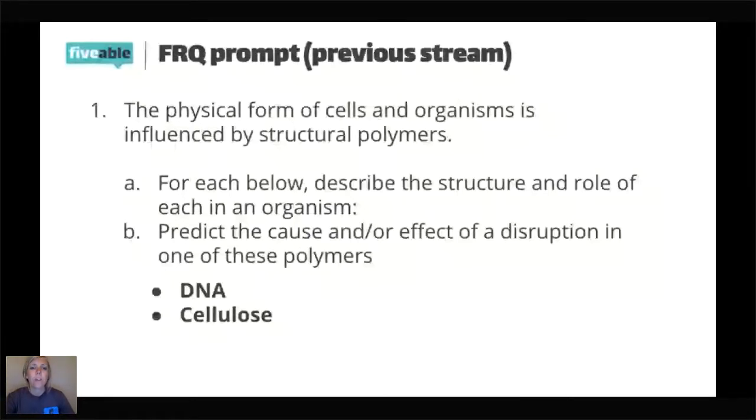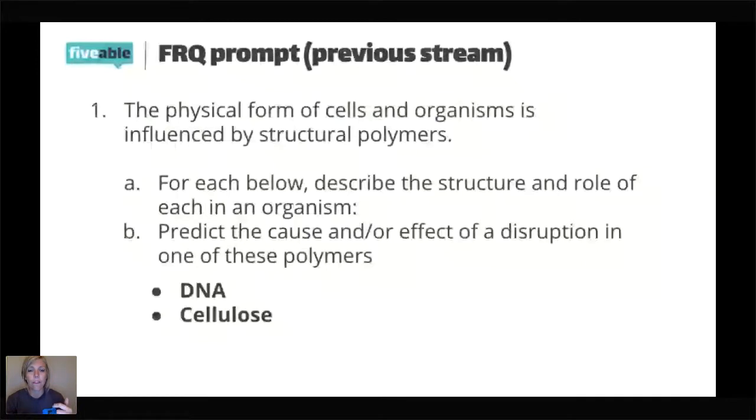So the free response prompt says, the physical form of cells and organisms is influenced by structural polymers. Part A, for each below, describe the structure and role of each in an organism. And B, predict the cause and or effect of a disruption in one of these polymers. So the two things it's wanting you to look at are DNA and cellulose.